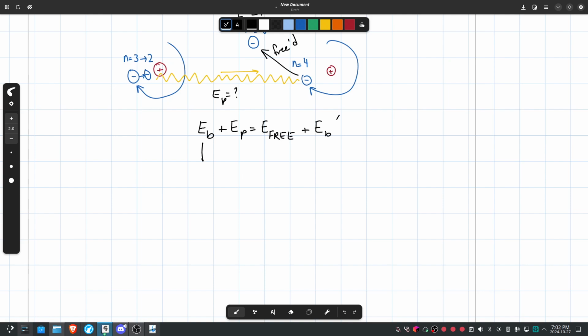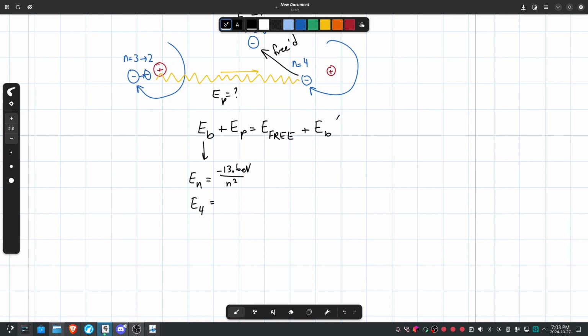So, how do we calculate this? This one, we can just use the equation we used earlier. That's going to be En is equal to negative 13.6 over n squared eV. In this case, we are at n equals 4, right? Yeah, n equals 4.